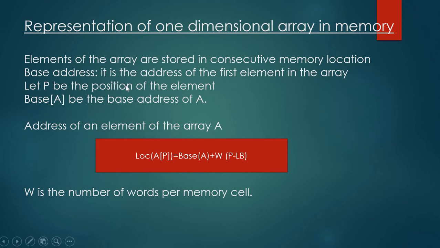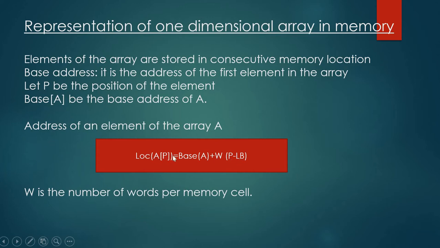Let P be the position of the element. Base of A is the base address of A. Then how can you find out the address of an element in the array A? The formula is location of A of P is equal to base of A plus W into P minus LB.